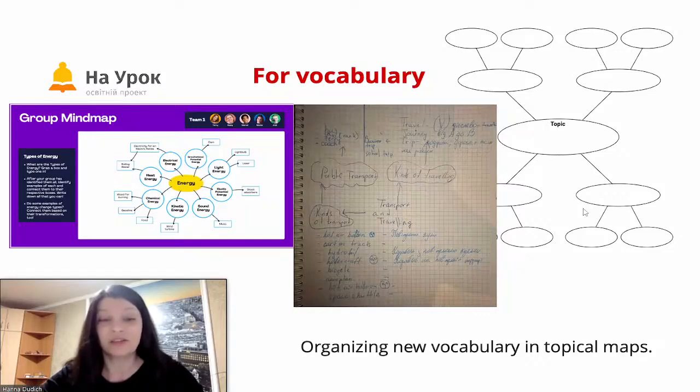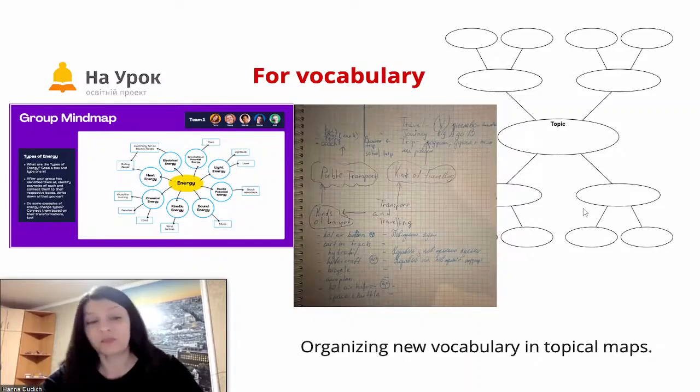And you can see a screen from the vocabulary notebook of one of my students. The student organized the vocabulary in the way which was suitable for him, and it was individual work. We were talking about means of transport and traveling.